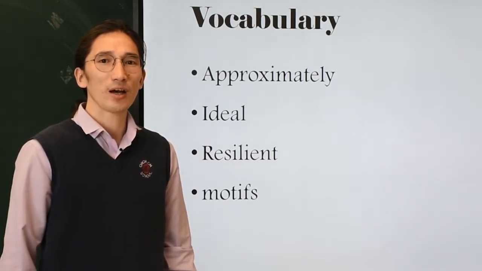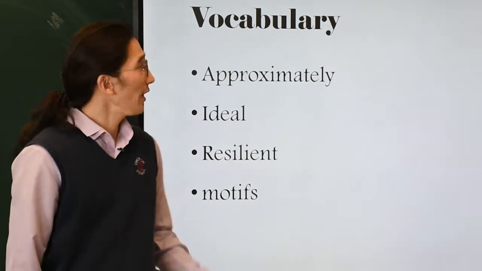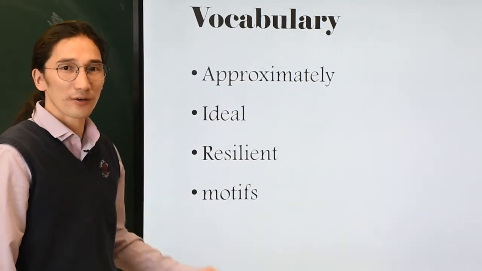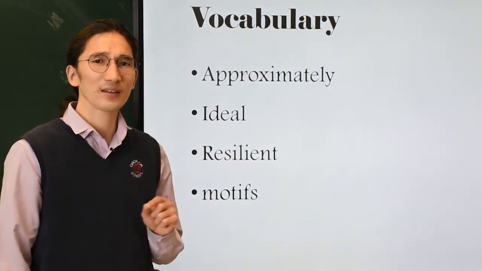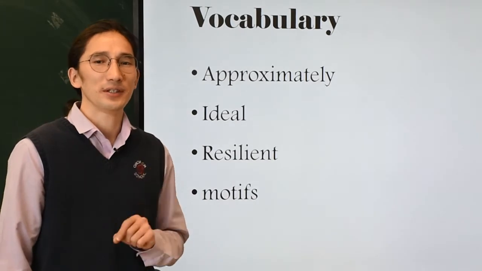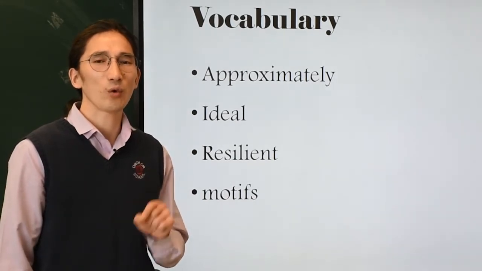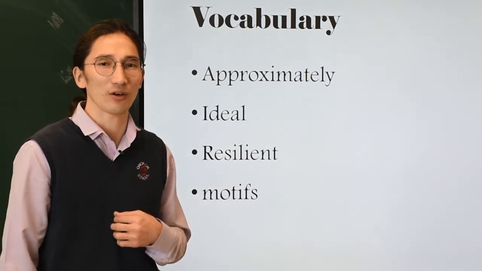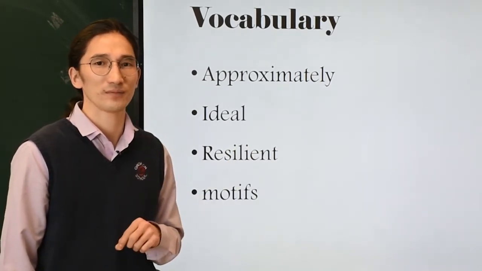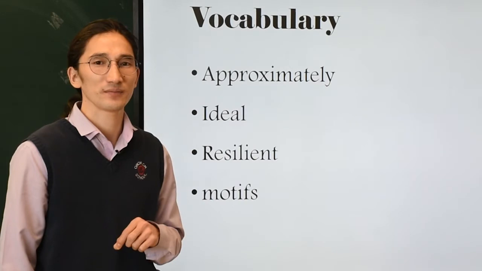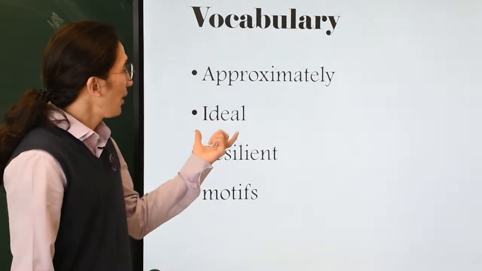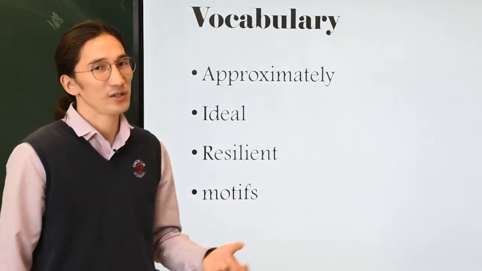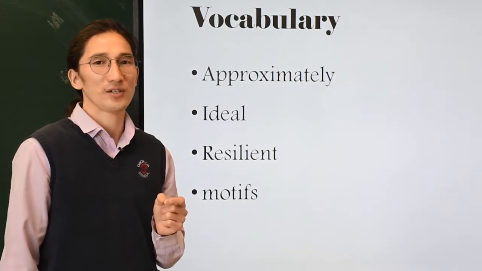Okay. Now, I want you to write down these words in your notebook and think of similar ideas or synonyms that can represent the exact same meaning or a closer meaning of these words. Okay? The reason we need this vocabulary is to fully understand the text.